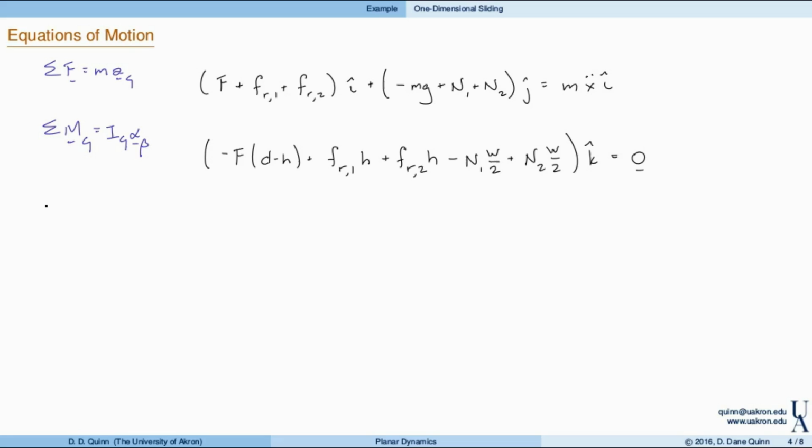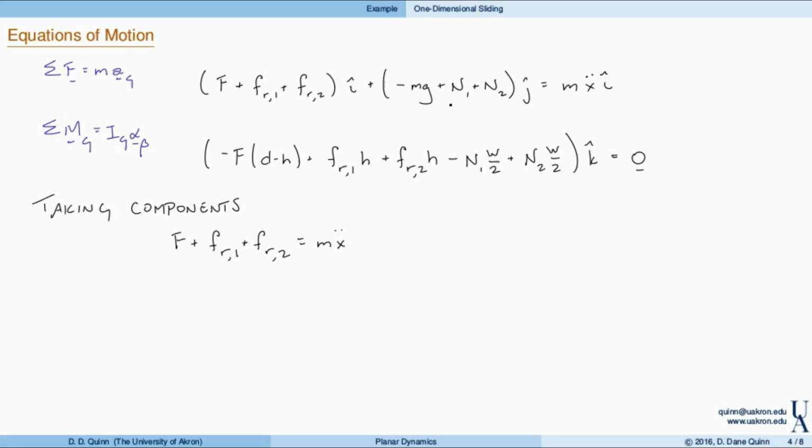So taking components, for these two equations, we see that in the i direction, F, the applied load, and the two friction forces equals m x double dot.